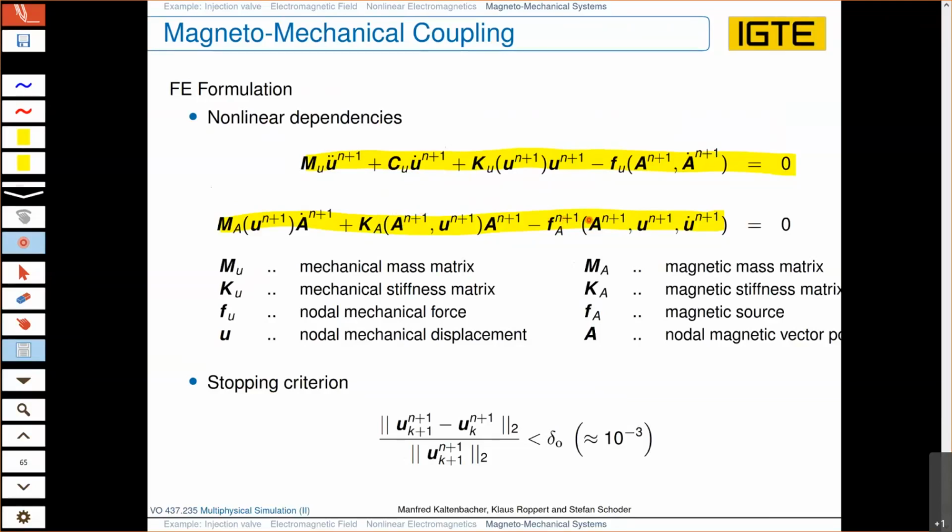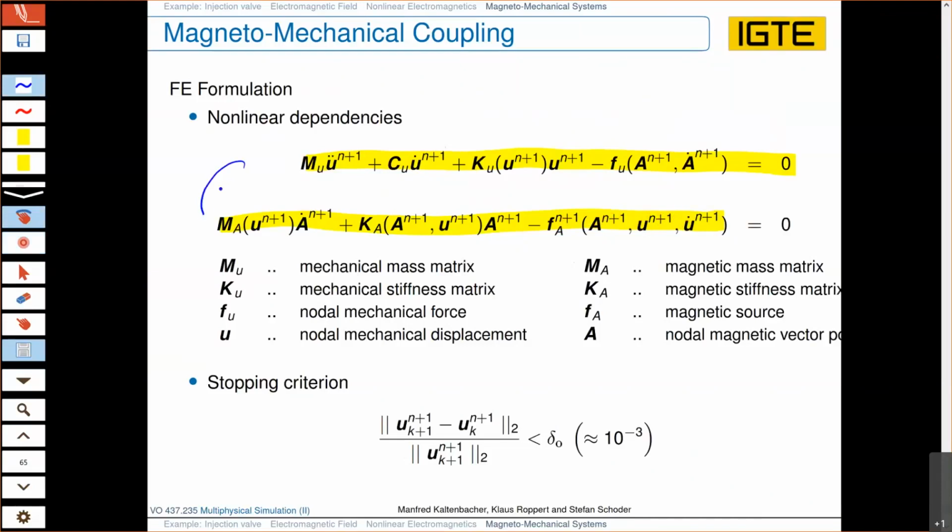And they may also depend on displacement or velocity because they can also be deformed by the electromagnetic forces or move in this sense. And they may also depend on the vector potential when we have any permanent magnets. Okay, so you see this is fully coupled in this sense.